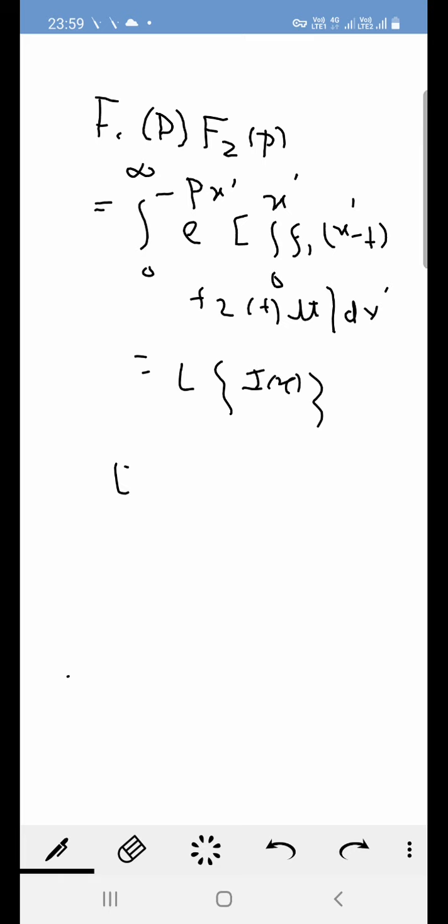So the inverse of F1p times F2p is equal to Ix.